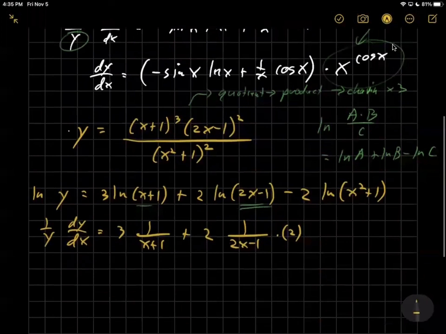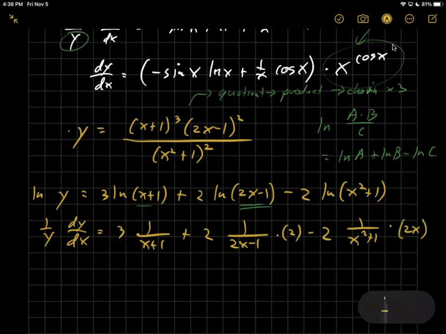And then we have minus 2 times 1 over x squared plus 1 times 2x, because the derivative of the inside function is 2x.